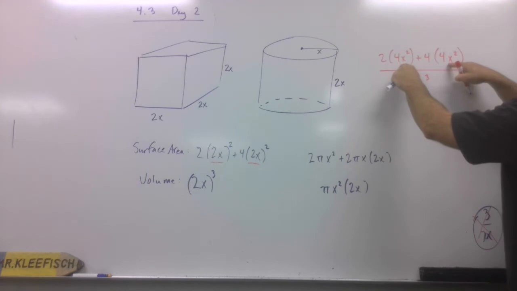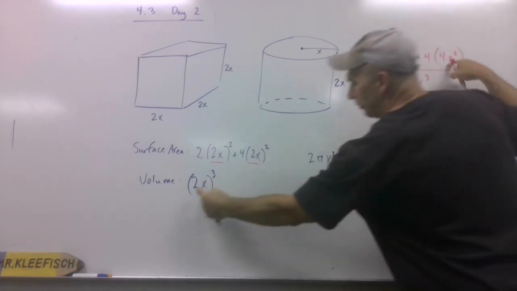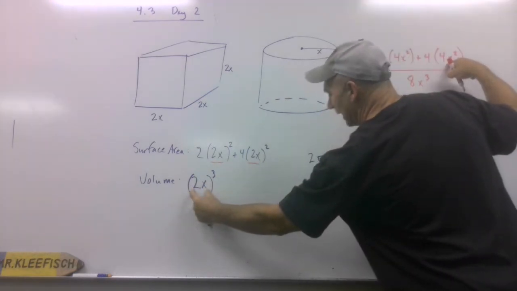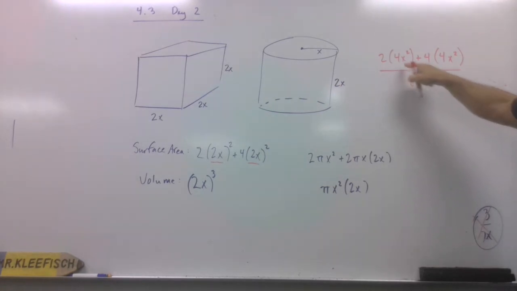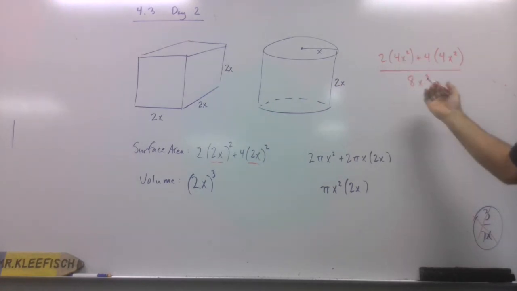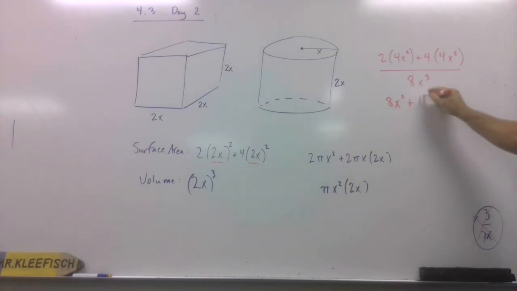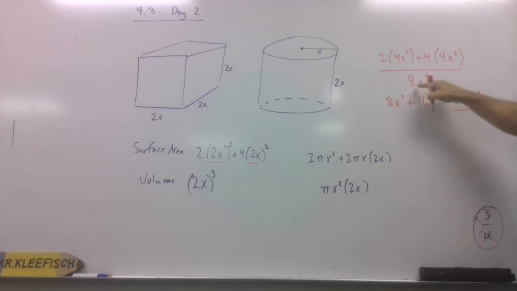That's why these are 4x squareds. And then if I multiply that out, I think I did that right, 8x cubed. So remember that. If I multiply that together, I get 8x squared plus 16x squared. I'm just going to keep going, which is 24x squared all over 8x cubed.